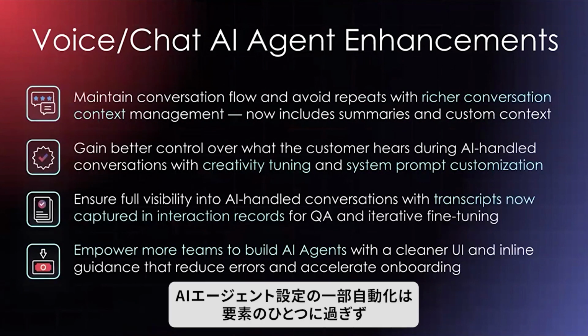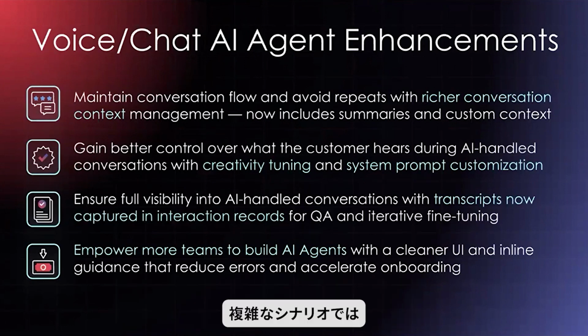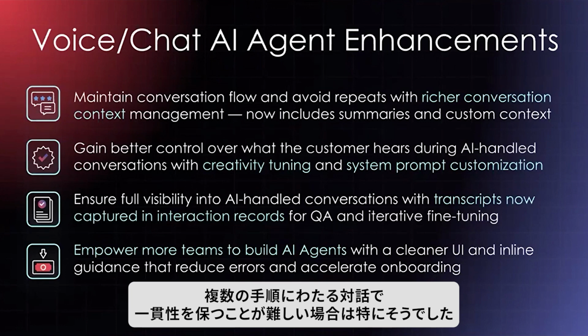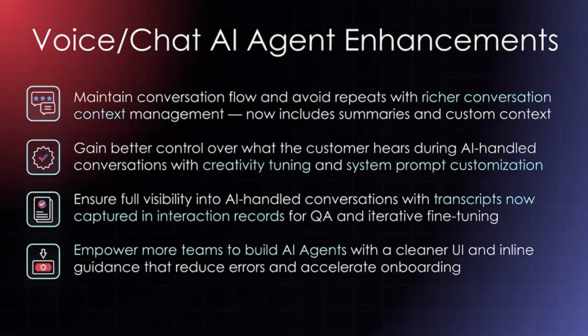But of course, automating part of the AI agent setup was only one part of the puzzle. We also knew that in complex scenarios, maintaining context between AI agents was a major pain point, especially when trying to keep the conversation coherent across multiple steps.